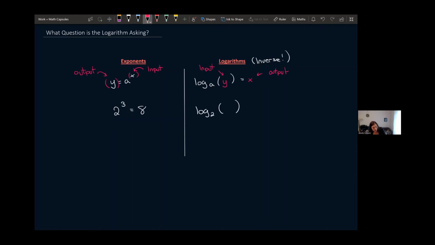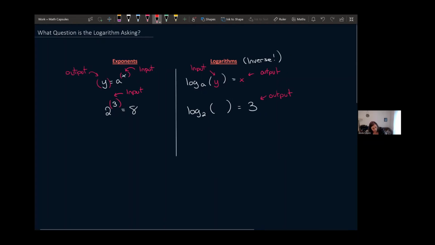On the exponent side, my input was the 3. I took my exponential function 2 to the x, and I plugged in x equals 3. Well, that 3 is going to become the output. The roles are exchanged. My output on the exponent side was the answer to 2 to the power of 3.